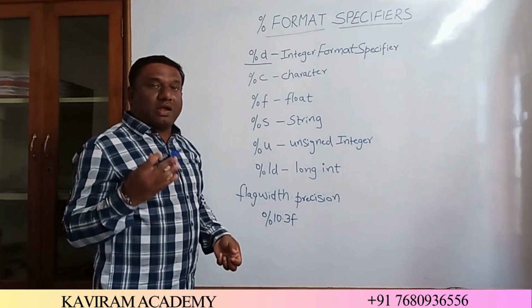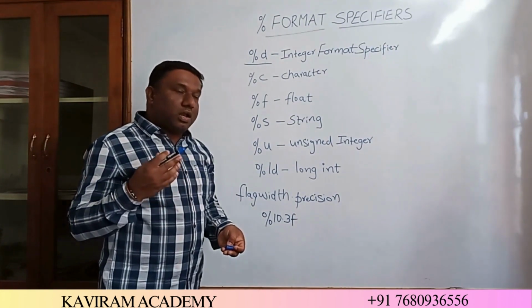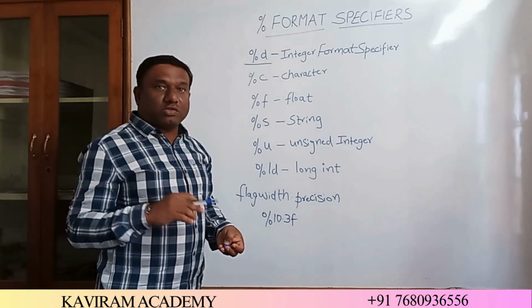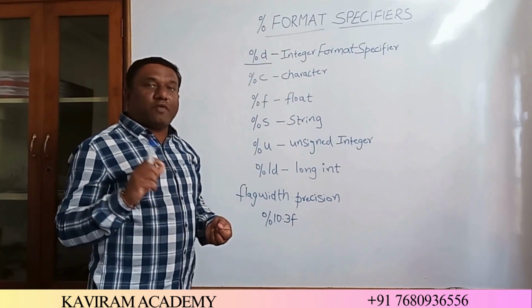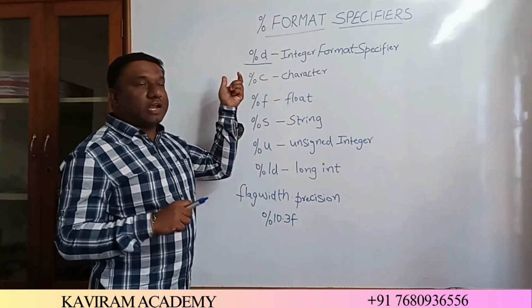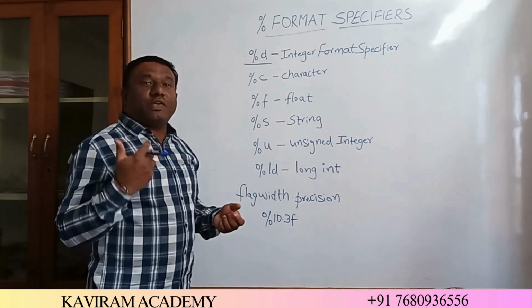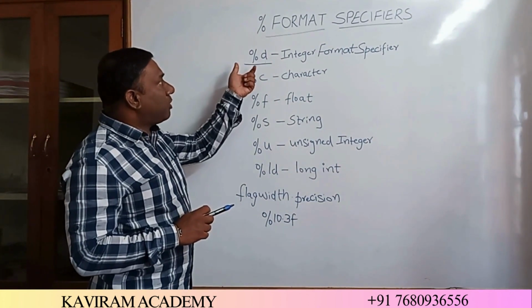We have different data types: integer, float, decimal, short, long, and characters. In order to print a value, we need to use these format specifiers and specify which type of data it is. So for that we have different format specifiers.